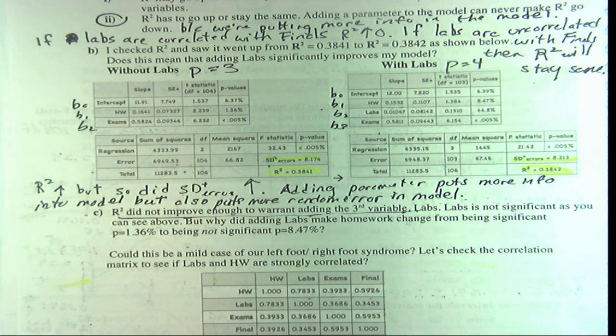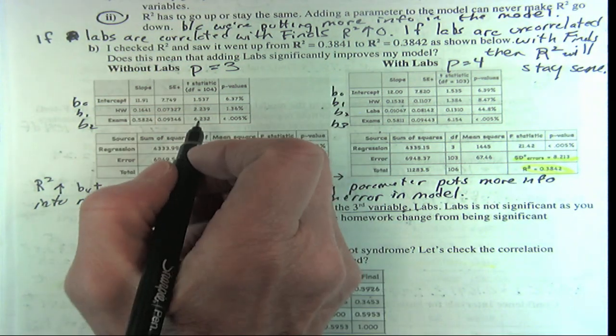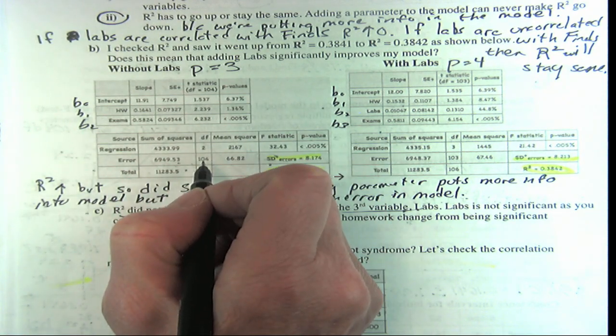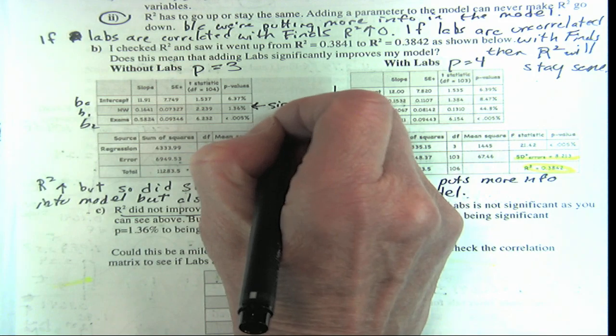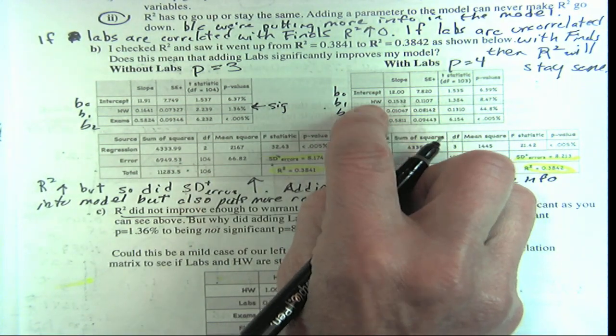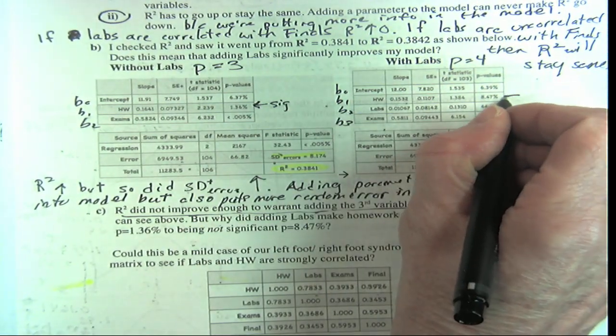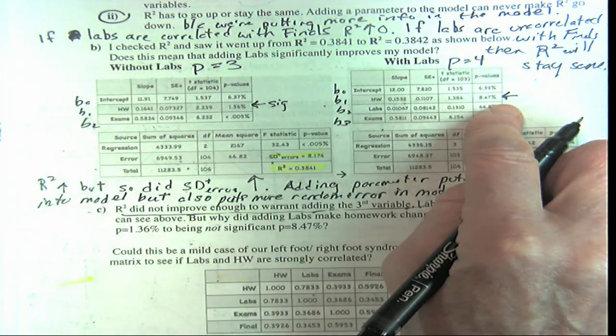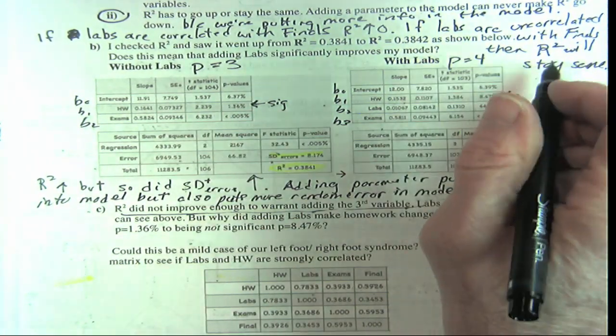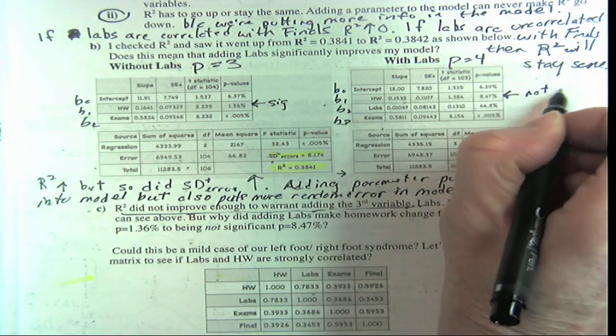Okay? Now look what else happened. Remember, right here we have significance for homework. When we added labs, all of a sudden we get this much bigger p-value. It went from 1.36 all the way up to 8.47. All of a sudden it's not significant.